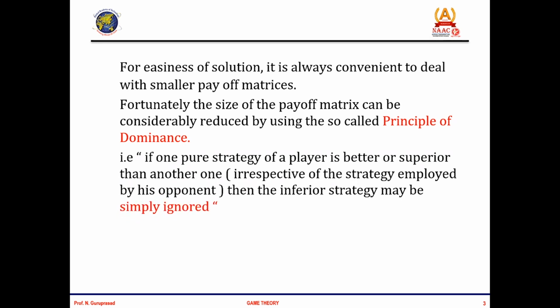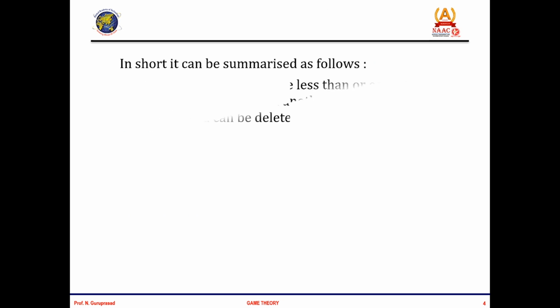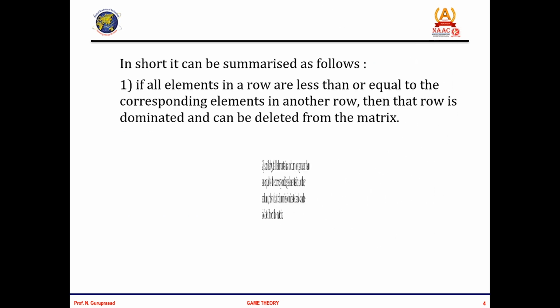It says that if one pure strategy of a player is better or superior to another one, irrespective of the strategy employed by his opponent, then the inferior strategy may be simply ignored. I repeat, if one pure strategy of a player is better or superior to another one, then the inferior strategy may be simply ignored. In short, it can be summarized as follows.